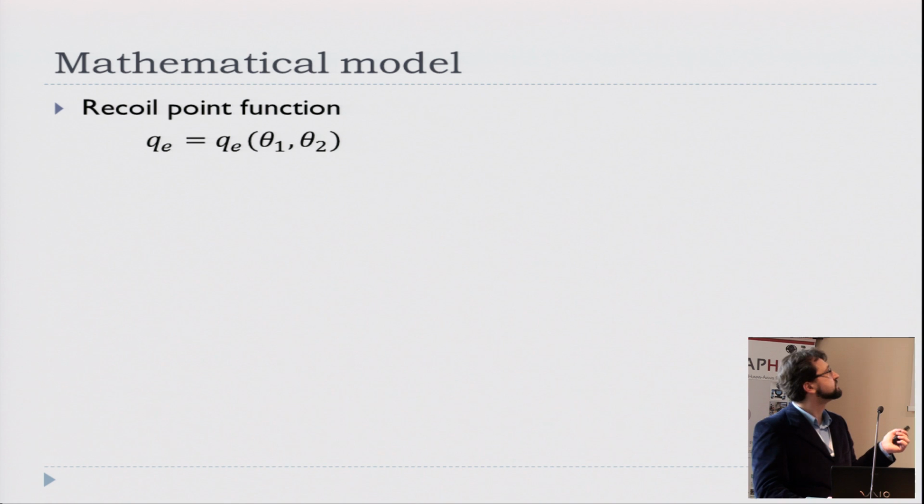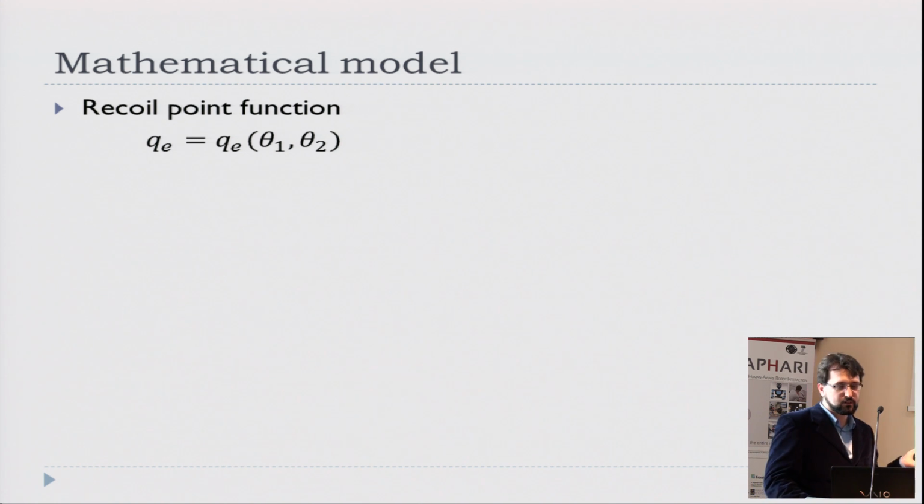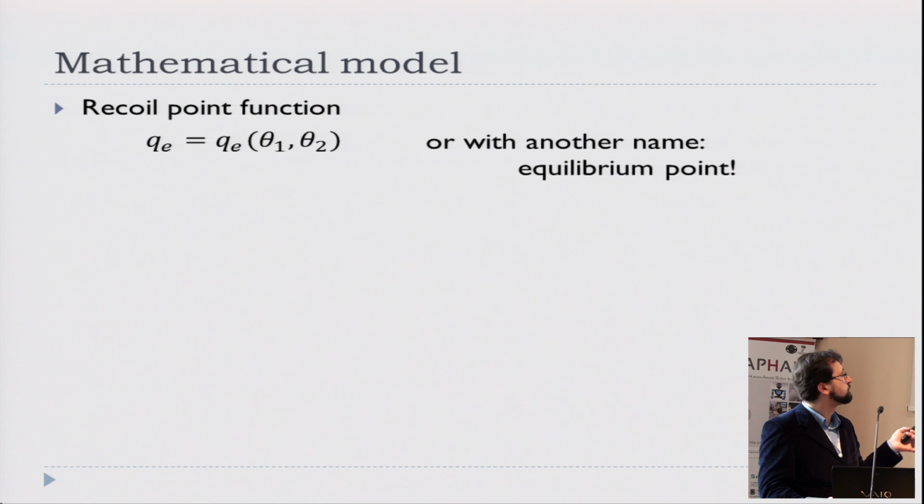So again, what is the mathematical model? The mathematical model, which is practical to use, is based on a small set of functions. First of all is the recoil point function, which is what we called before the equilibrium point. This function can usually be simple. For example, it can be the average of these two points here.